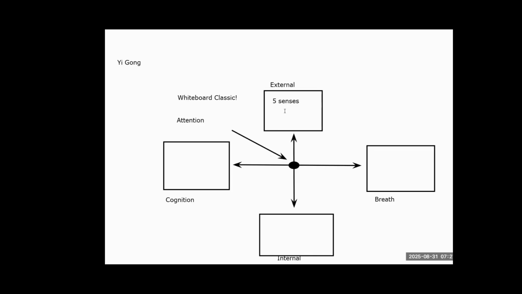So an external point of attention, that could be visual, that could be auditory, that could be olfactory, that could be tactile. We do like to include proprioception, which is awareness of your own body in relation to itself and the environment. Oh, I did this little thing with my fingers because that's a way to test proprioception.